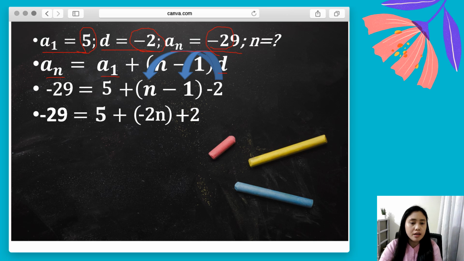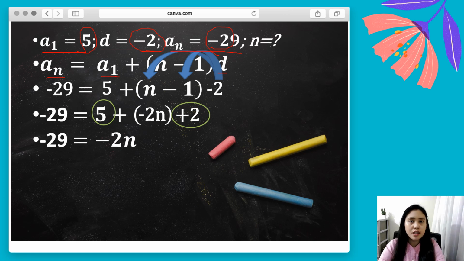Next step is to combine positive 5 and positive 2. So we will just copy the other terms and then combine positive 5 and positive 2. So we'll have negative 29 is equal to negative 2n, and then 5 plus 2 is equal to positive 7.